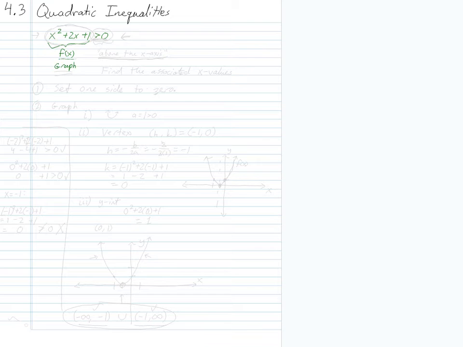The graph of this is going to look like a parabola. We can use the techniques from the previous section to graph what we have here on the left-hand side. And then we can find the part of the graph that is greater than 0 in this case. In other words, above the x-axis.